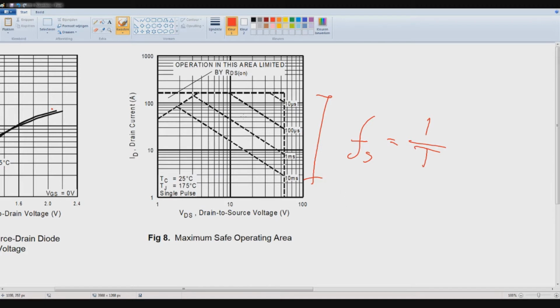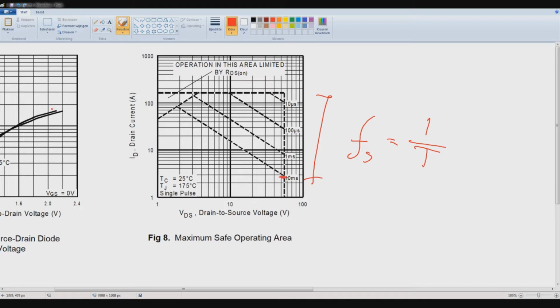If you work with a duty cycle variable, they don't include the duty cycle because this is a single pulse, we can see also the different temperatures. Temperature case is 25 degrees and the junction temperature is 175.